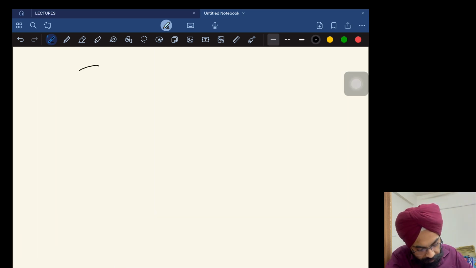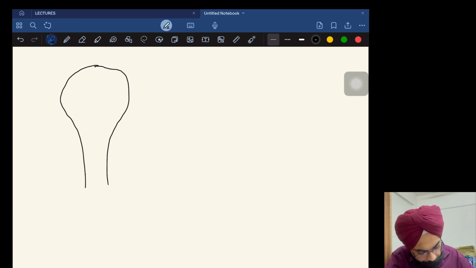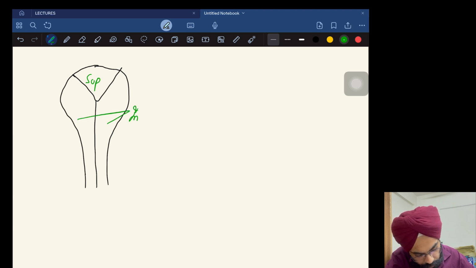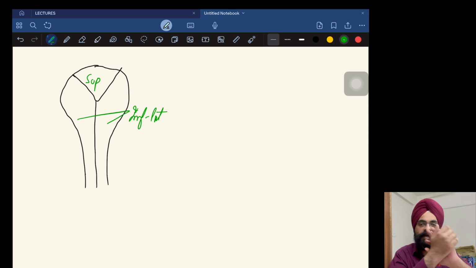So this is your bladder when it is empty. It is somewhat like this. This is the superior surface. These are the 2 inferolateral surfaces, and on its back, you have the 2 surfaces over here, inferolateral.